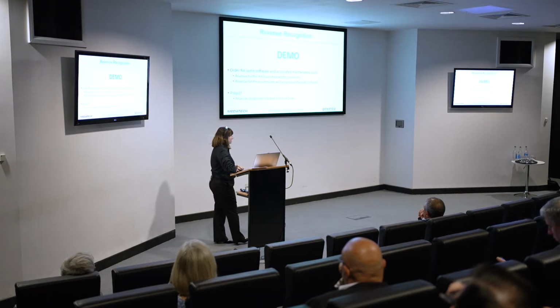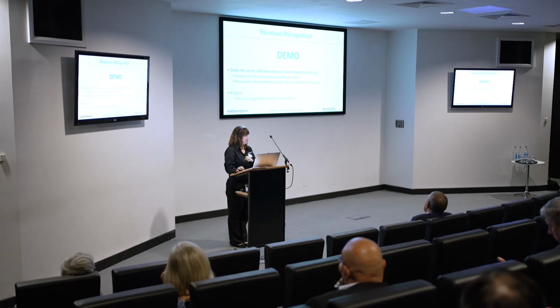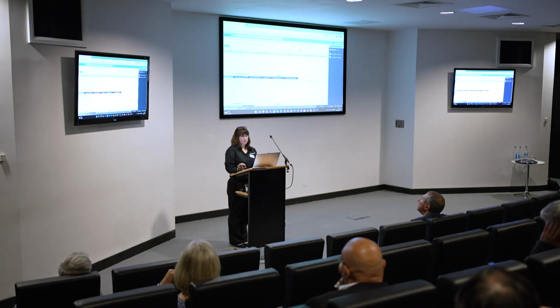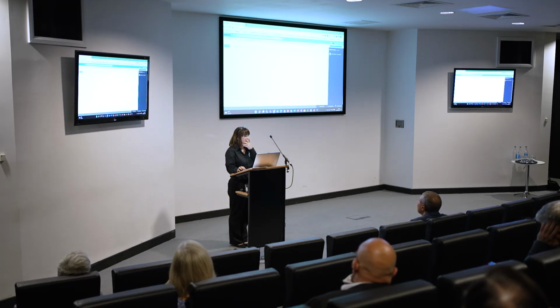The other example I have is a project. So a project where you have milestones and you want the revenue to be recognised according to their milestone delivery. So I'm going to close all of these screens, and if we again open my sales order form, here I have a project.